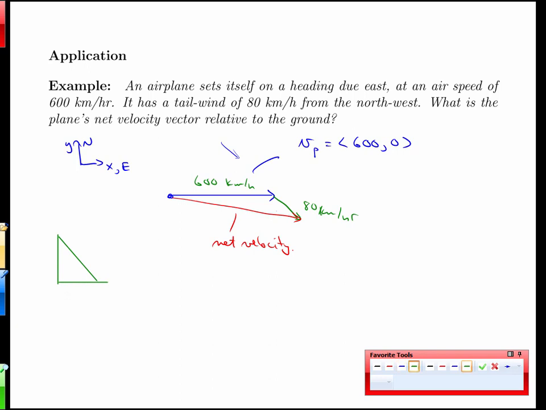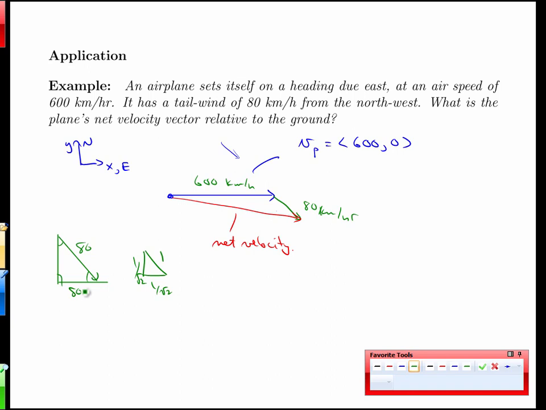If we have a velocity that's 80 this way, at 45 degrees from the northwest, assumed to be halfway between north and west, then we have a triangle similar to root 2, 1, 1, or better yet, 1 over root 2, 1 over root 2, and 1.